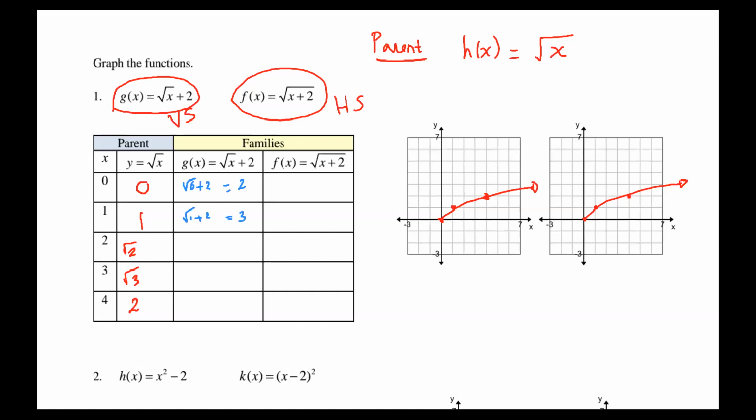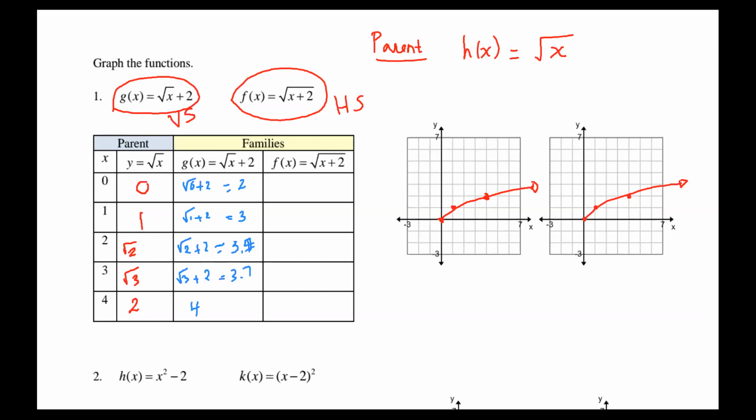And then square root of 2 plus 2, enter on your calculator, so approximately it's 3.4. The next one is going to be 3.7. This is 4. And the last one is square root of 4 plus 2, which is going to be 4.